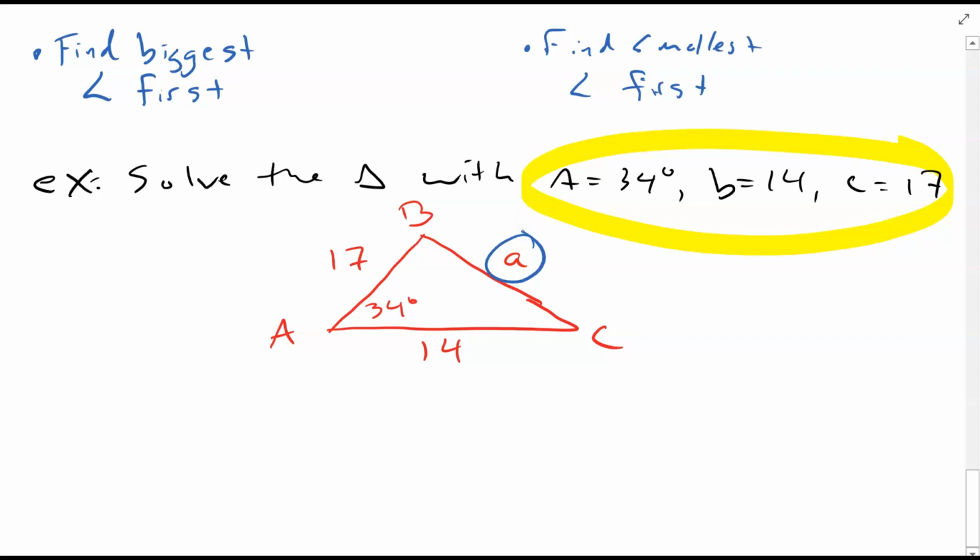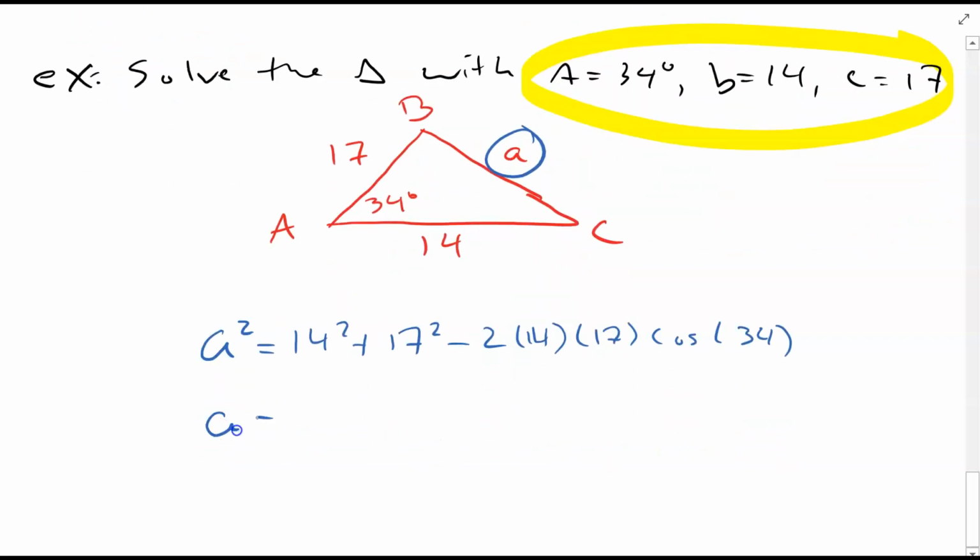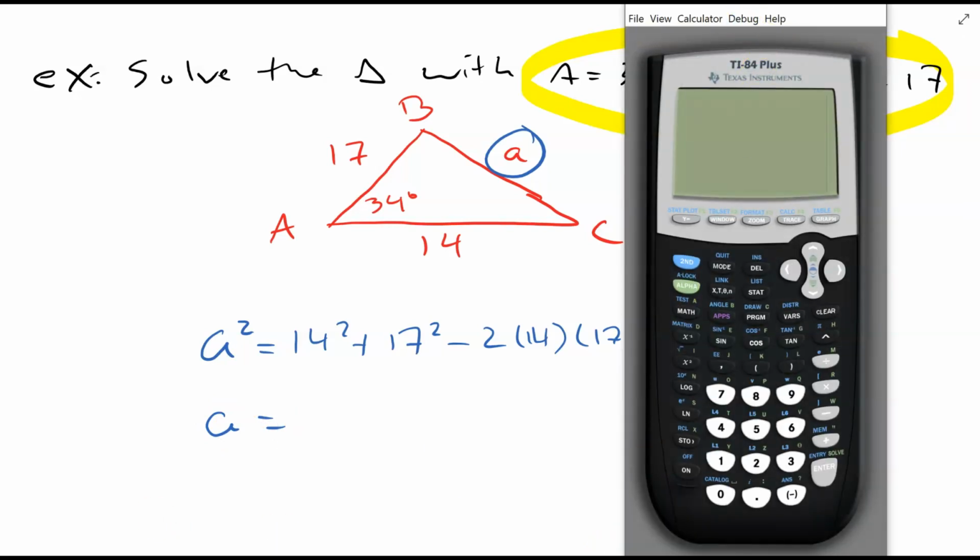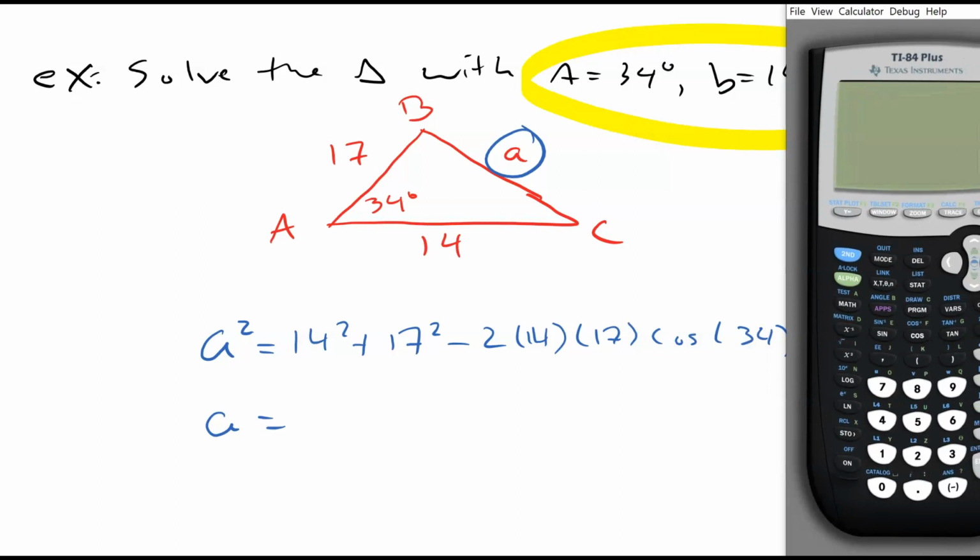Got to find side A first. We don't have enough information to find anything else. So using the law of cosines, I have that a squared is equal to 14 squared plus 17 squared minus 2 times 14 times 17 times cosine of 34. My suggestion to you is to type this all into one line on your calculator.